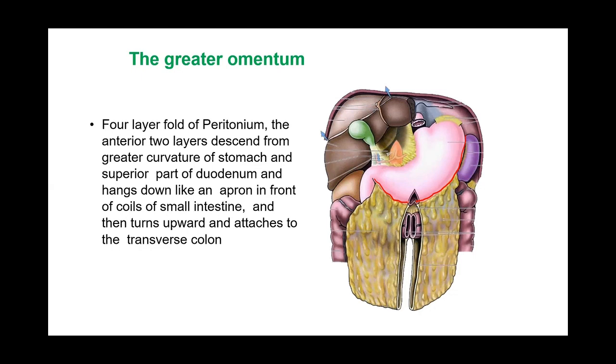She asked, why did I do that? I covered the intestine with this greater omentum before closing the anterior abdominal wall. She asked, why did I do that? I told her, this structure prevents adhesions.